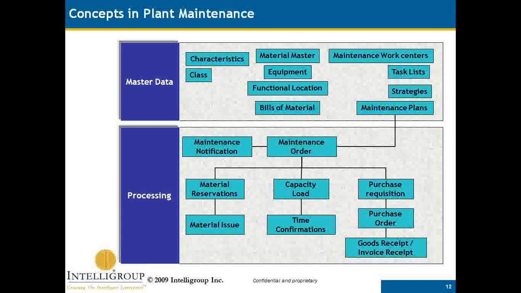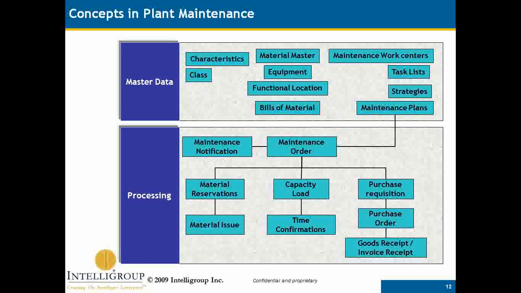These two bearings will be blocked for you. It is a kind of material document in the system, and it will reserve those two materials in the stores. You can go with this reservation number. The store person will issue against this reservation number, so the cost will be debited from the stores and credited to your maintenance order.